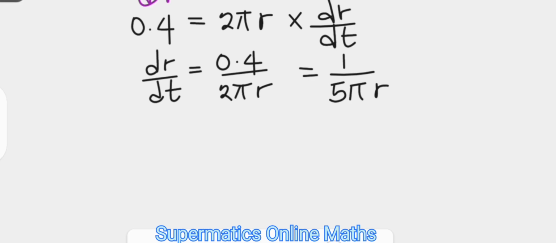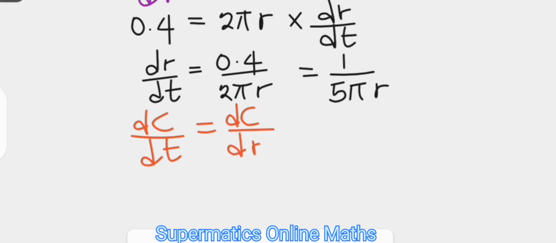Now that we have dr/dt, we can proceed to calculating the rate of change of the circumference, still using the chain rule, where the rate of change of the circumference, dC/dt, is the rate of change of the circumference with respect to the radius, dC/dr, times the rate of change of the radius with time, dr/dt.